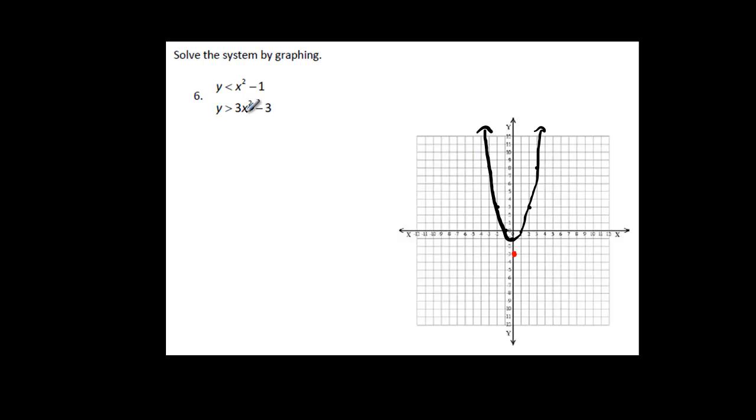If I plug in 1, 1 squared is 1, 3 times 1 is 3, 3 minus 3 is 0. So we have those 2 points. If I plug in 2, 2 squared is 4, 4 times 3 is 12, 12 minus 3 is 9. So let's put that point here and here. So let's connect this.